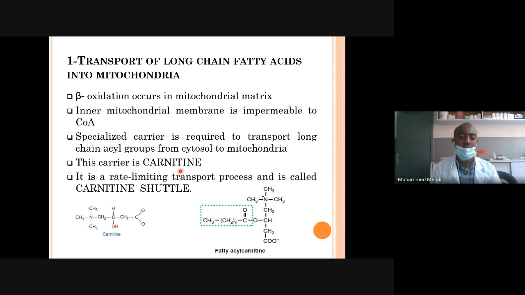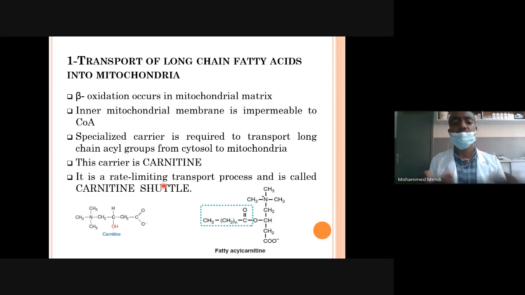So this carnitine shuttle is the rate limiting step for beta oxidation. Beta oxidation is controlled by this carnitine shuttle, or the enzymes which are involved in the replacement of coenzyme A by carnitine, and carnitine removal and addition. It is catalyzed by enzymes.